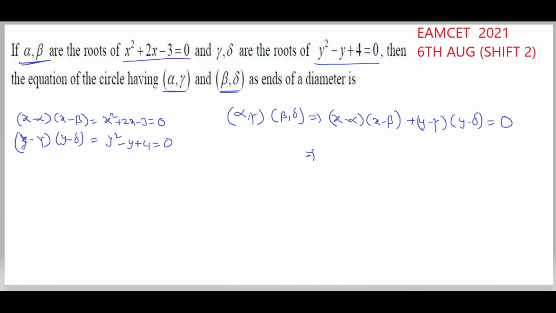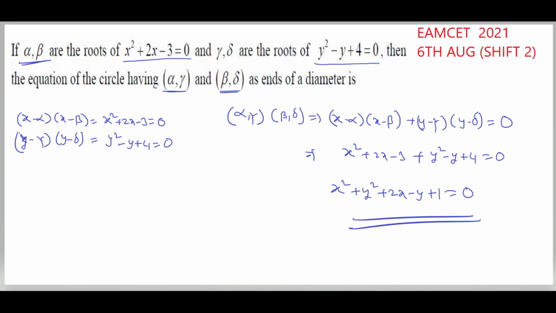That is x minus alpha into x minus beta, that is given x square plus 2x minus 3, plus y minus gamma into y minus delta, that is y square minus y plus 4 is equal to 0. This is x square plus y square plus 2x minus y plus 1 is equal to 0. This is the equation of the circle.